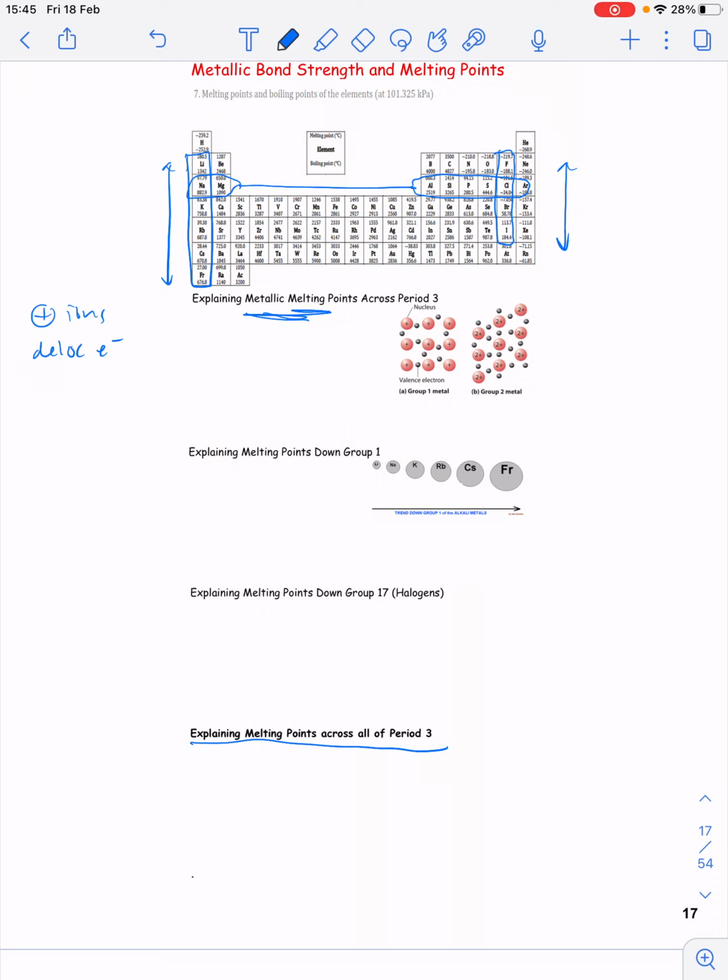As we go across period 3 for metals, you go from sodium to magnesium to aluminum. As we increase the charge on the ion, we're going to increase the electrostatic attraction for the delocalized electrons. That means we've increased the metallic bond strength.